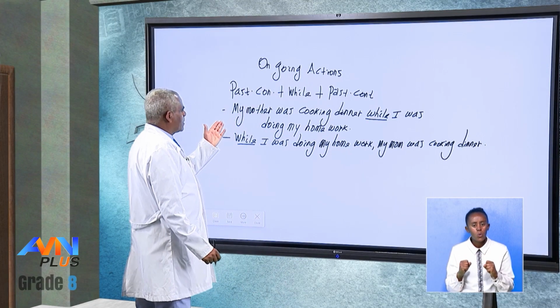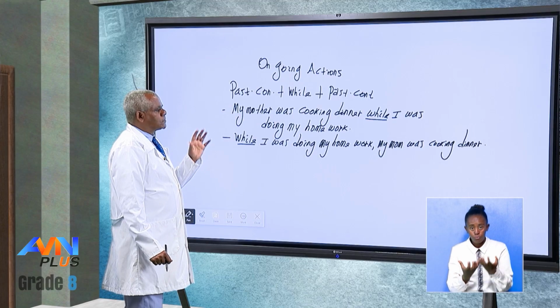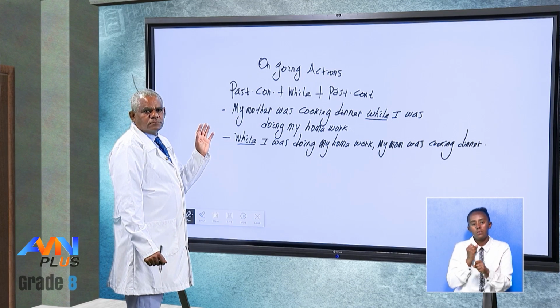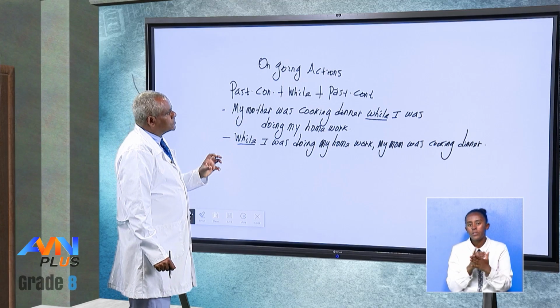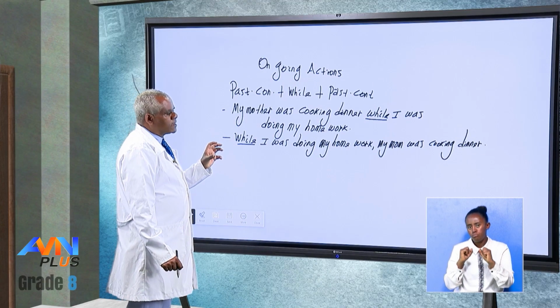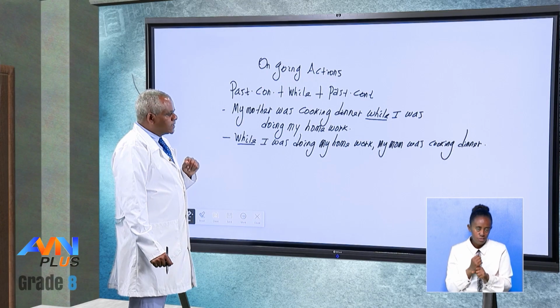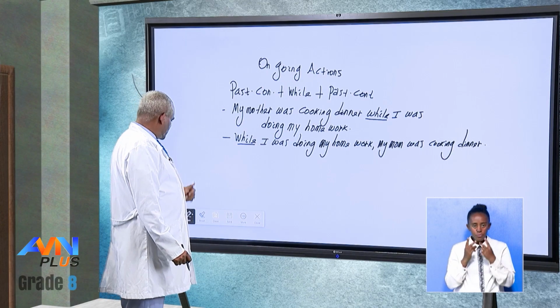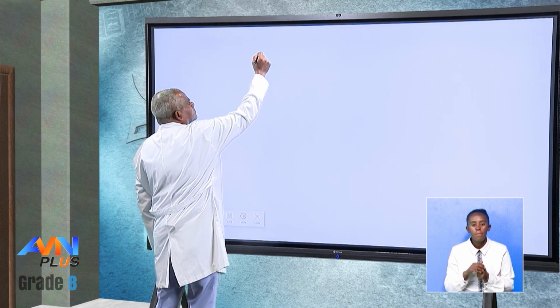In another way, while my mother was cooking dinner, I was doing my homework, also possible. There are a lot of ways to write this kind of sentence in different forms. These are ongoing actions. Good.